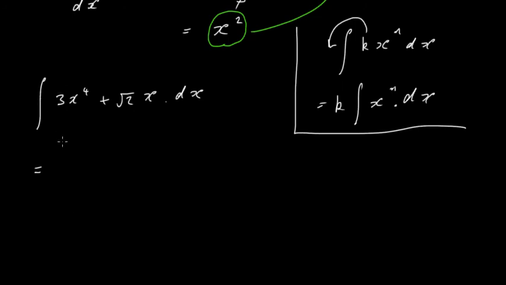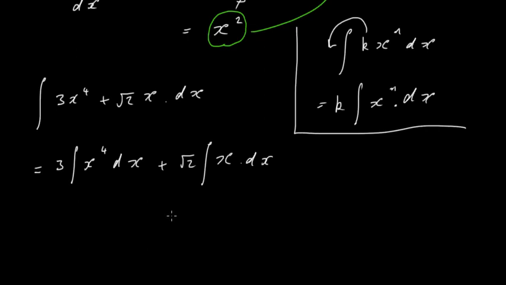So it becomes 3 times the integral of x to the power of 4 with respect to x plus root 2 times the integral of x with respect to x. That's what we want to do. So we integrate each term individually and add them because there's an addition here.